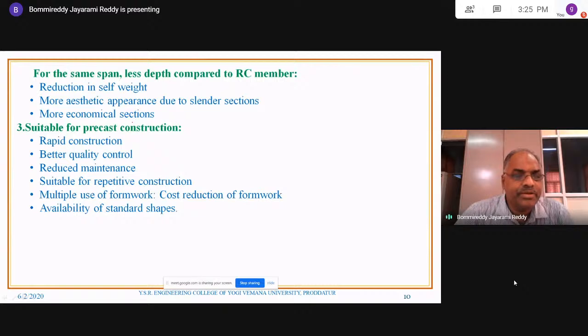Precast construction is very rapid, better quality control can be achieved, maintenance is also less, and it can be constructed with repetitive members, and standard shapes are also possible. Because of all these reasons, it is more advantageous than RCC.